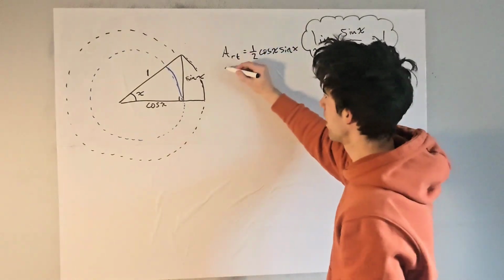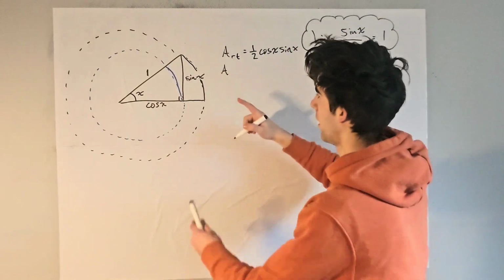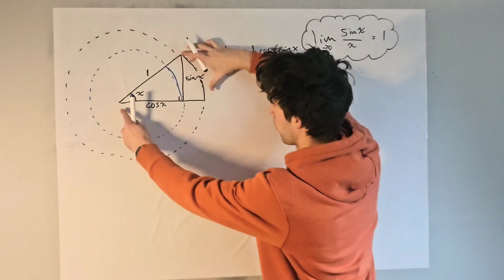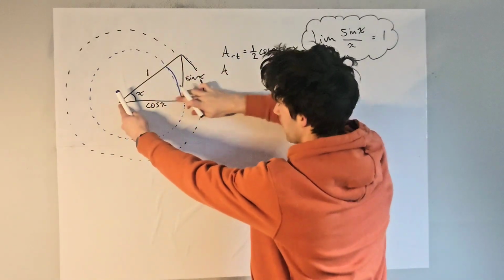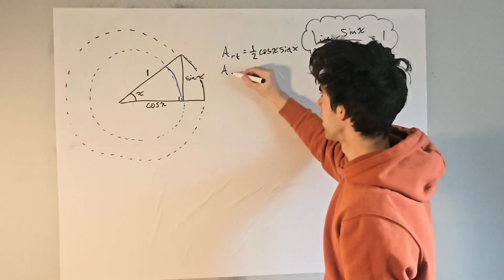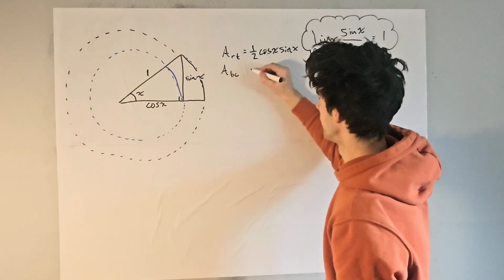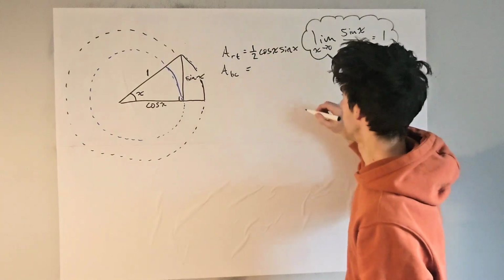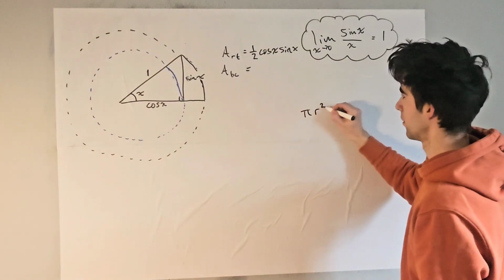Now let's do the area of our larger circle segment, this whole shape over here. I'm going to call it the area of our big circle. Now, the area of a circle is just pi r squared.